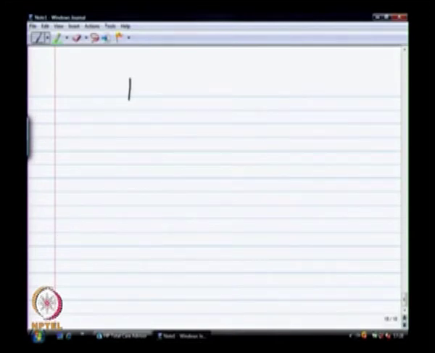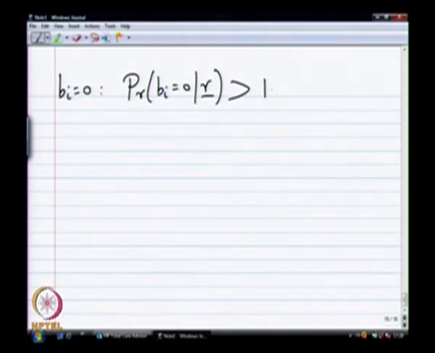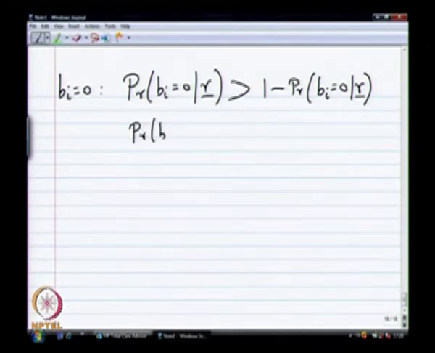So Bi is 0 if the probability that Bi equals 0 given r is greater than 1 minus the probability that Bi is 0 given r. So you bring it to this side, and you get that the probability that Bi is 0 given r is greater than half. Clearly that is going to be greater than the other probability. So this is another equivalent condition, okay.